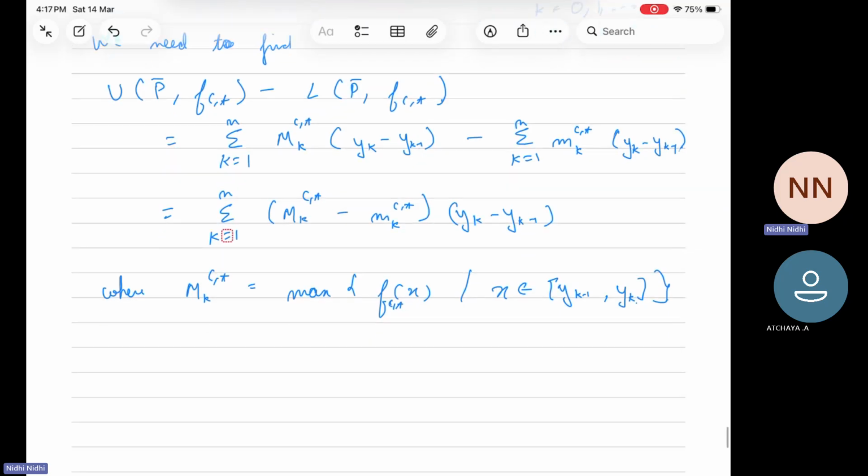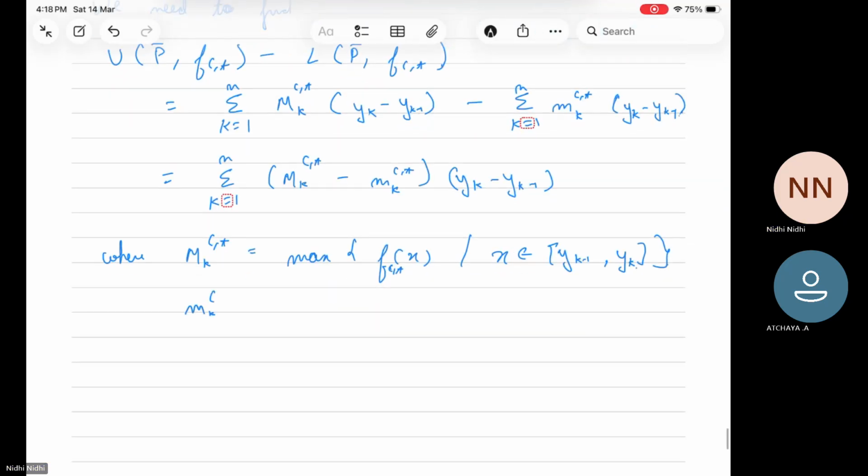And similarly, small m_k^CT is the minimum of the function f_CT in the subinterval y_{k−1} to y_k.